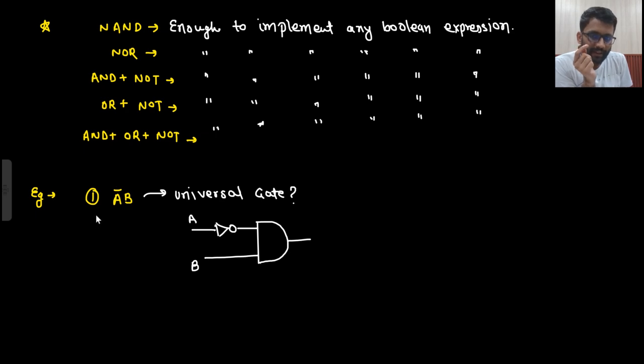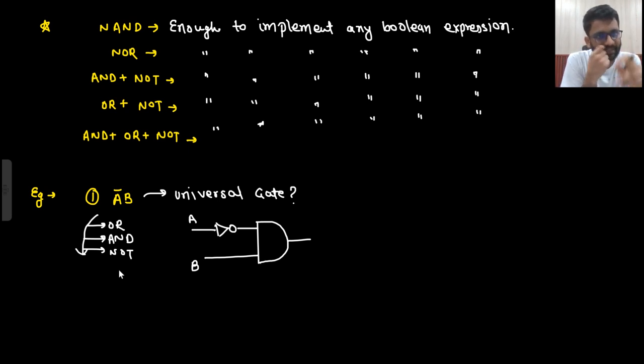If from this gate I can get OR gate, AND gate and NOT gate, if I can get these three, that means I can implement any boolean expression. Or my target could be that I can make NAND gate from here or NOR gate from here. If I am able to make NAND gate or NOR gate from here, then my task is done.